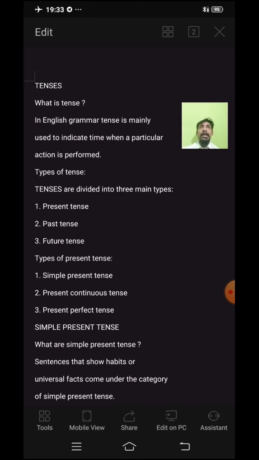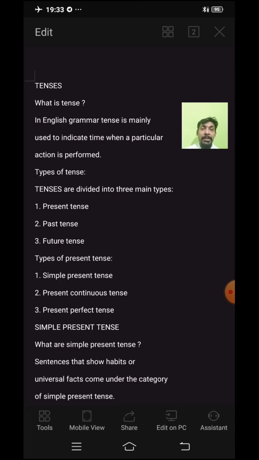Now we understood what actually are tenses, what are the types of tenses, and what are the subtypes of those types of tenses. Now, only understanding the meaning of tense or types of tense or the meaning of subtype of tenses is not sufficient.